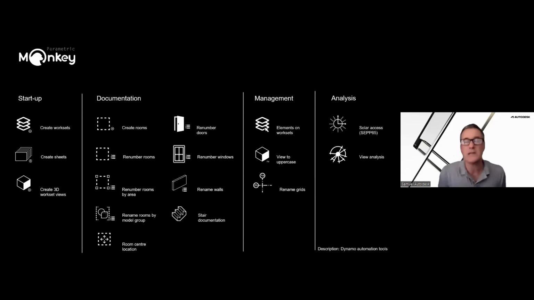This other one here is from the Paul Winter, the Parametric Monkey website. Again, I encourage you to check this out. He has some great tools just for starting up your project, creating workset sheets, 3D workset views, automation of your documentation, all this stuff that maybe might not be that fun in Revit.